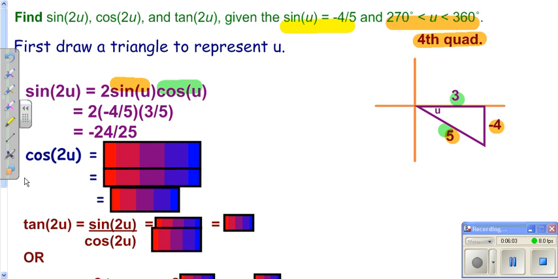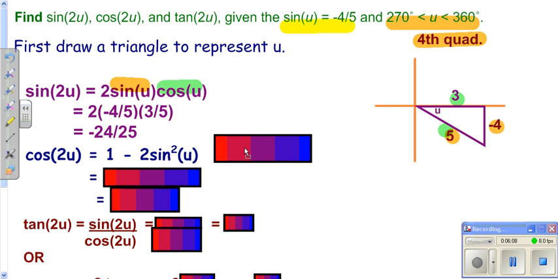When you're dealing with the double angle for your cosine, you have a couple of options, really 3. I'm going to choose to use this option. The reason is because since I'm given the sine of u, I'm going to use the formula that has the sine of u in it.